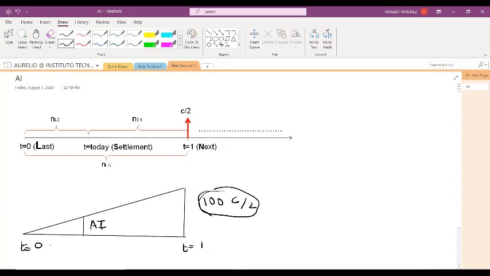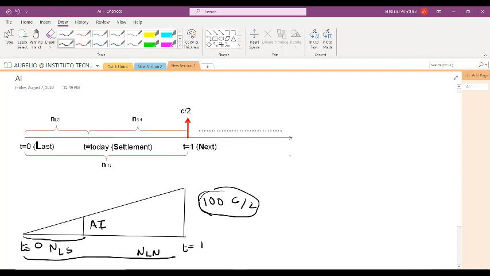In this part of the graph, we have the number of days, which is going to be equal to N last to settlement. In the whole period, it's all this, we're going to have N last to next.